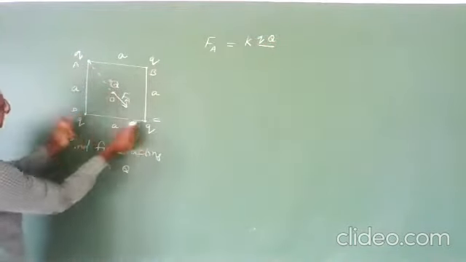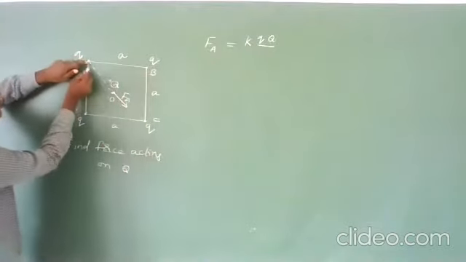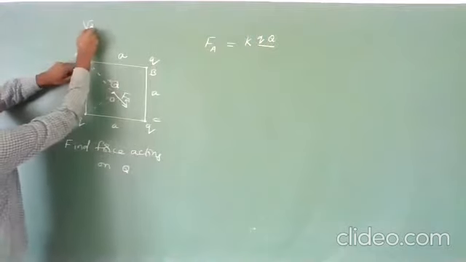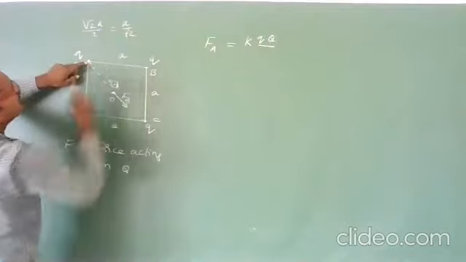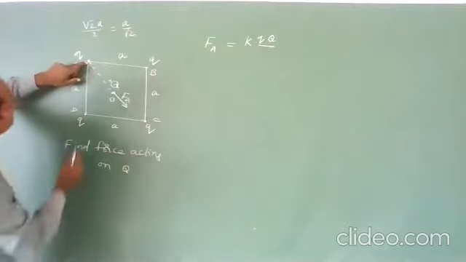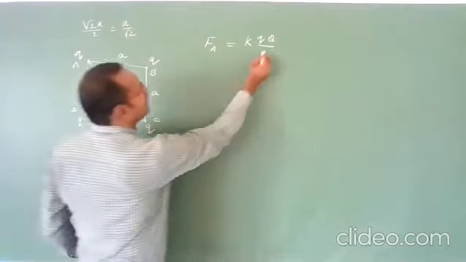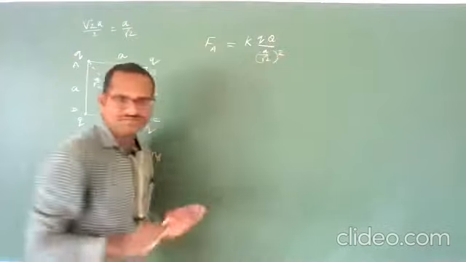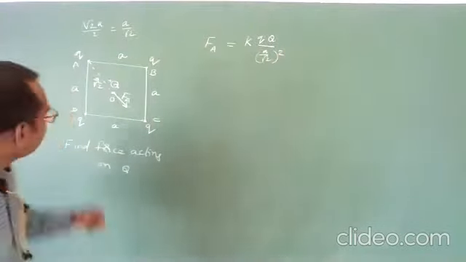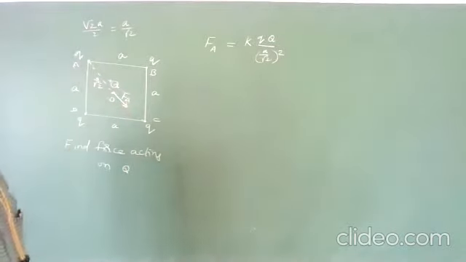This is A, this is also A, so the diagonal total is root 2 A. This distance is root 2 A divided by 2, which means A by root 2. Substitute here: A by root 2 whole square. This much force is acting, in the direction of AC.